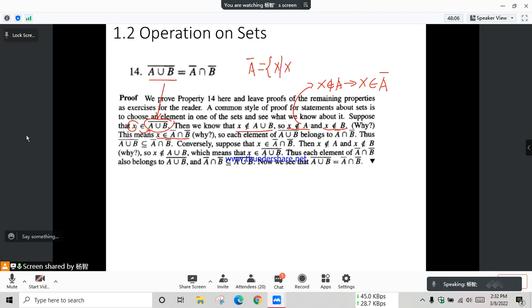It's all the elements that do not belong to A. So if elements do not belong to A, we can say these elements belong to the complement of A. Is that right? So, and we have known that x also do not belong to B. So x belong to the complement of B. So x belong to the complement of A and the complement of B.